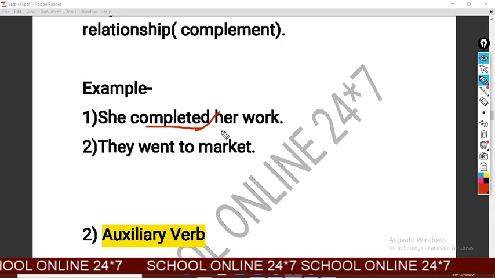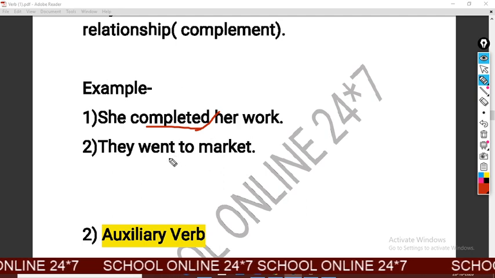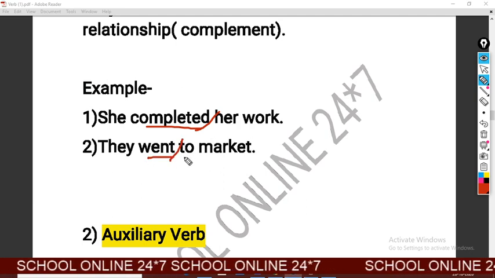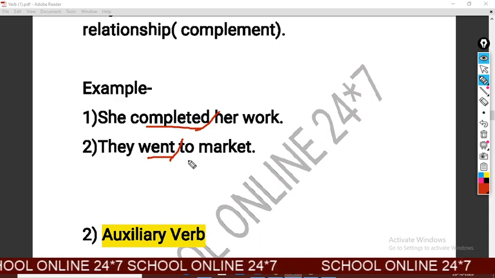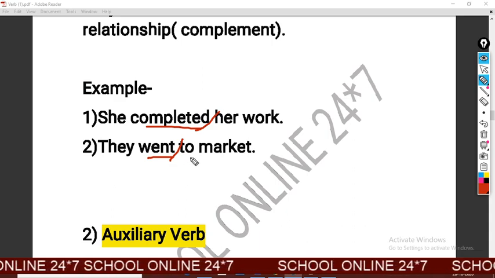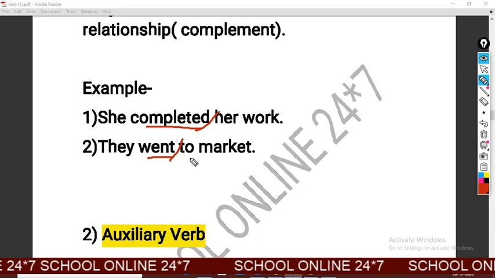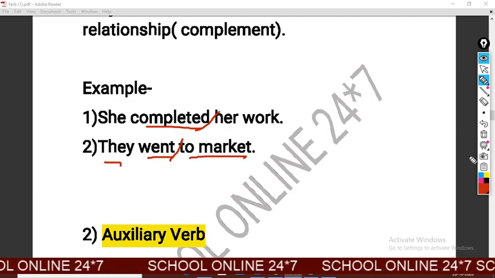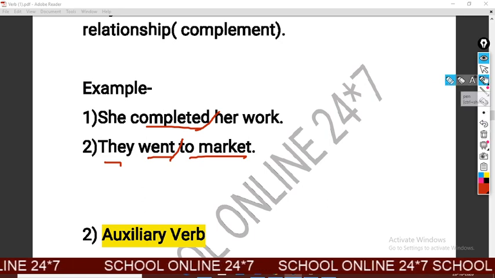So it is a linking verb. They went to market. It is also a linking verb because it gives us information about the subject and it relates the complement or object with the subject. So it is a linking verb.